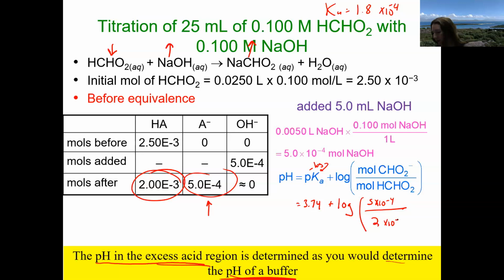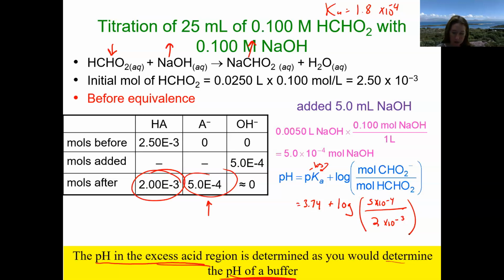I feel like there's something wrong with my math right here. Let me just put this in the calculator. No, it's 2 times 10 to the negative 3. Okay, and so when we do this, 5e negative 4 divided by 2e negative 3 is 0.25.